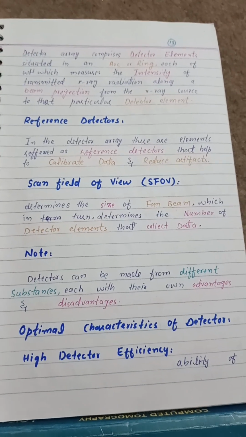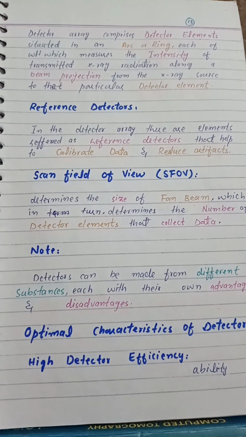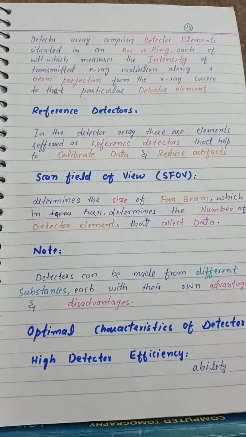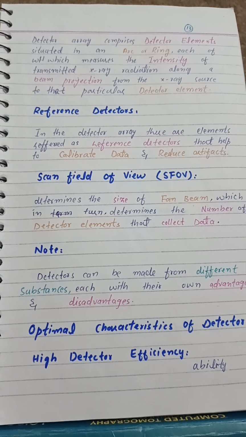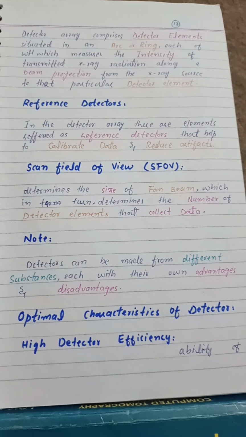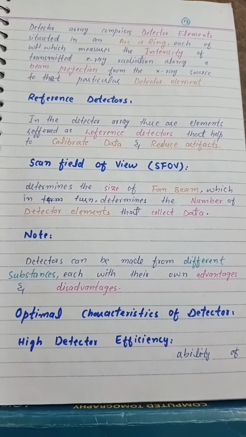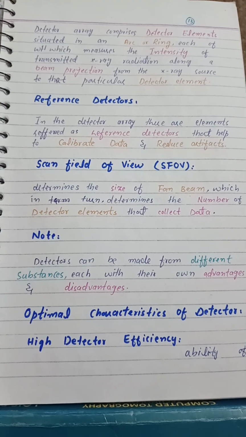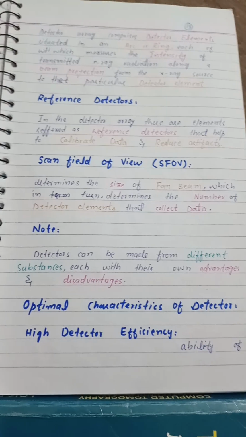A detector array comprises detector elements situated in an arc or ring, each of which measures the intensity of transmitted X-ray radiation along a beam projection from the X-ray source to that particular detector element. Reference detectors: in the detector array, there are elements referred to as reference detectors that help to calibrate data and reduce artifacts.